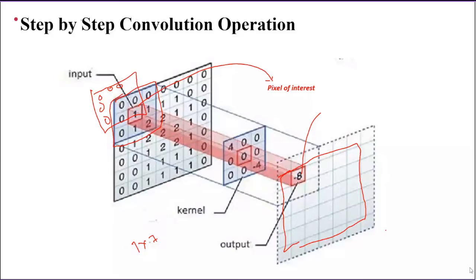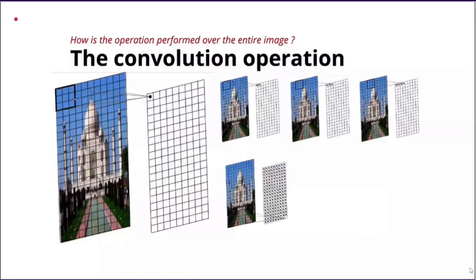Likewise, we will find the pixel values of a convolved or activation map. Here, the kernel is moved from left to right. First it takes this particular portion and calculates the weighted sum.